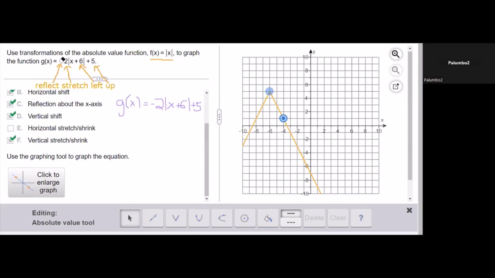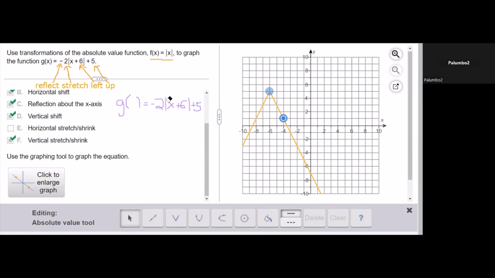So I have g of x equals -2 absolute value of x plus 6, plus 5. And instead of x, I want to plug in something close to the vertex. Okay, so my vertex is at -6. I want to pick an x value somewhere around there, -5 or -4 or -7. Since I have -4 clicked, I'm going to plug in a -4 for x. So let me erase both of those x's.